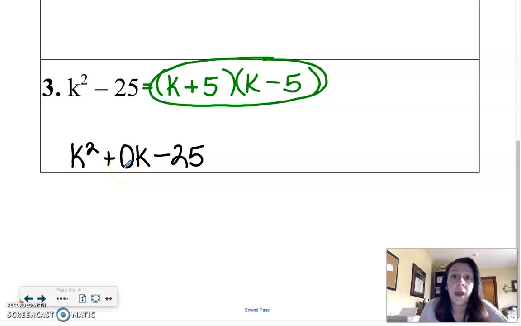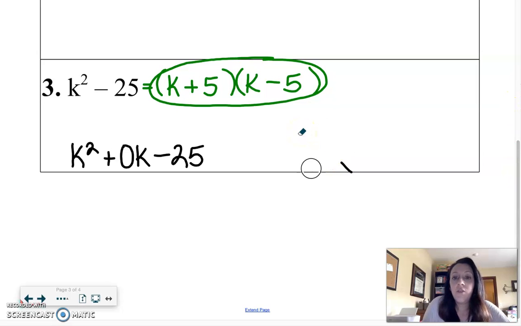You can still do that here. You just don't have a middle term like all the other times. So that middle term is adding up to 0. So you could still do the little x thing that we went over before and figure out what times what.